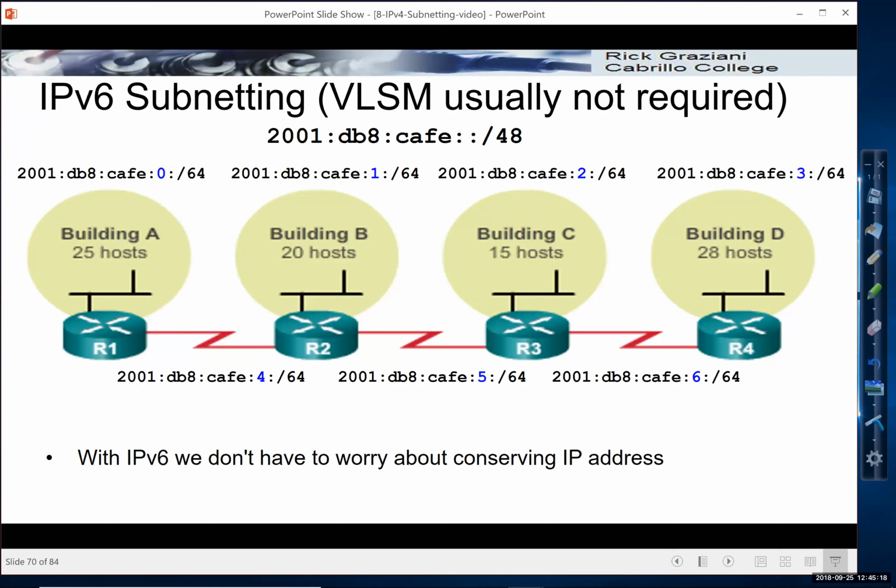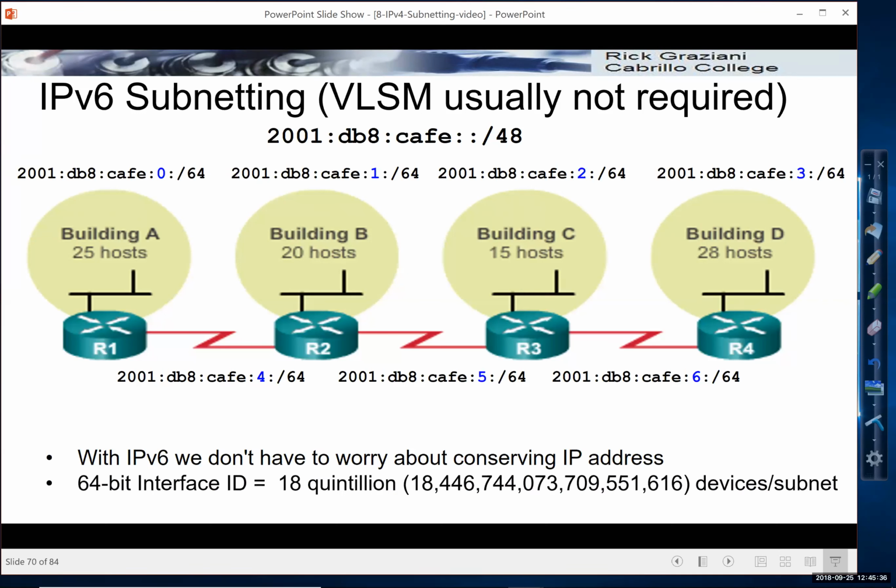It's about making our life easier to manage our networks and do our addressing schema, our network address plan, make it much easier. We don't have to worry about conserving these bits. We have plenty of bits to work with. That shows you that a /64 gives us 18 quintillion devices per subnet. Makes our life much easier, and you're going to see that in the next video where I'm going to talk about subnetting IPv6. It's so easy.